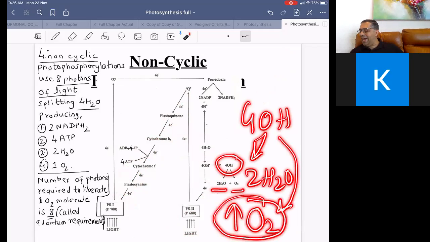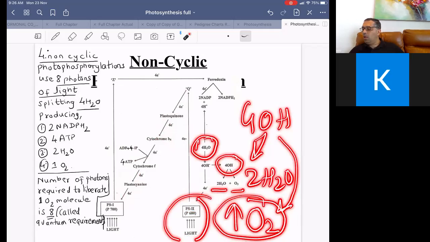So light induces breakdown of water, and from the breaking of water hydroxyls form, and from hydroxyls water and oxygen gas are formed, and this oxygen is used by all other living organisms for the purpose of respiration.